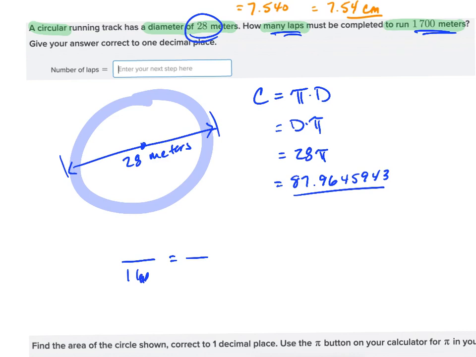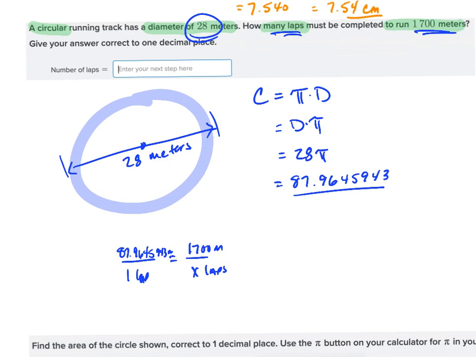Remember our unit rates: one lap is 87.9645943 meters. And we want to know how many laps for 1,700 meters. Okay, so that's what they're asking.